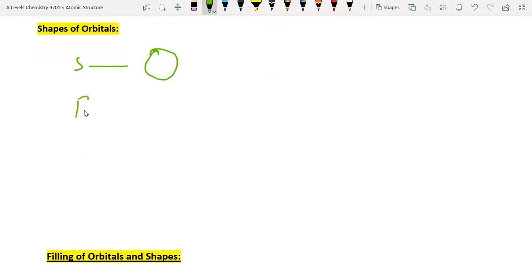P has hourglass shape with 2 lobes, like this.